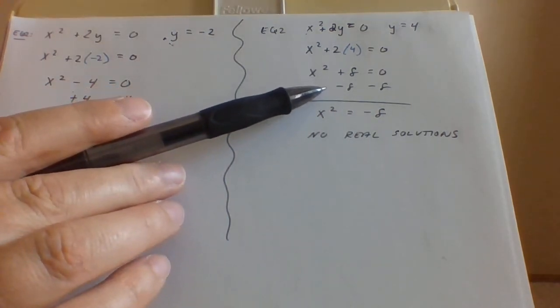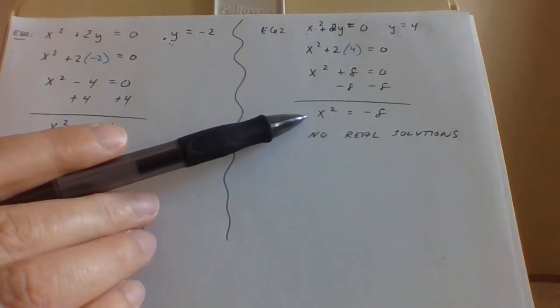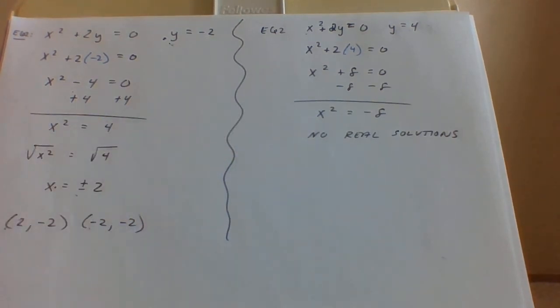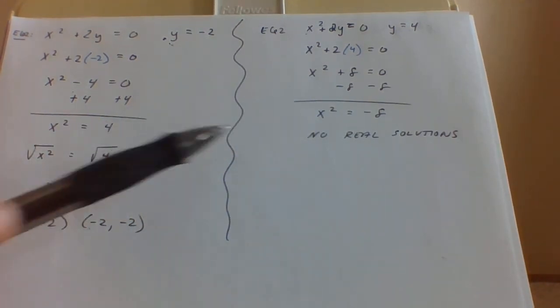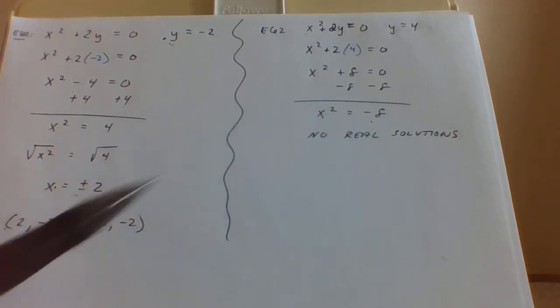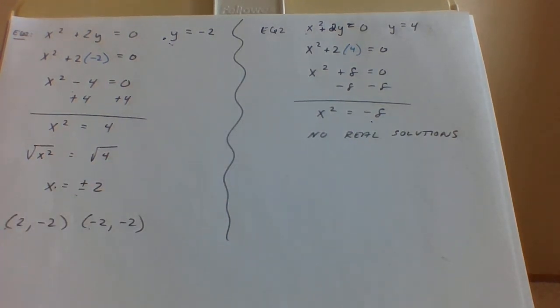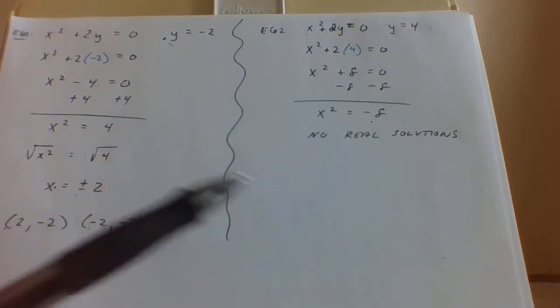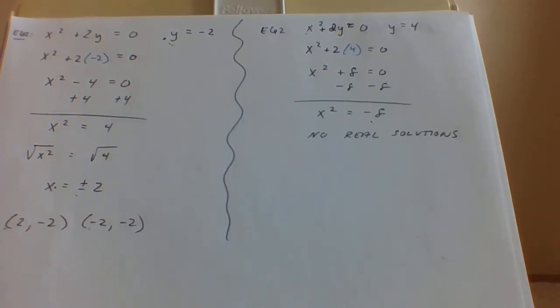When I subtract 8 from both sides, I get x squared equals negative 8. This is not an equation that I can solve in order to get real solutions. If I take the square root of negative 8, I'm going to end up with some imaginary answers. So this one produces no real solutions. The only points I would have of intersection would be these 2 points that I found earlier.